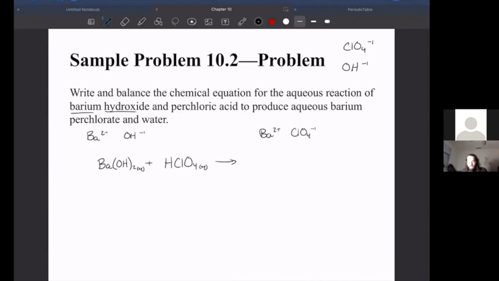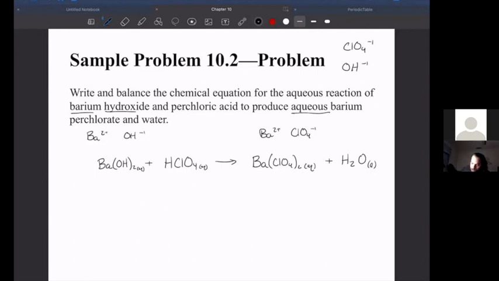So hopefully you guys can tell me what the molecular formula of that ionic compound would be. Ba(ClO4)2. And it says it's aqueous barium perchlorate. So this is still aq, plus water, H2O, which is a liquid.